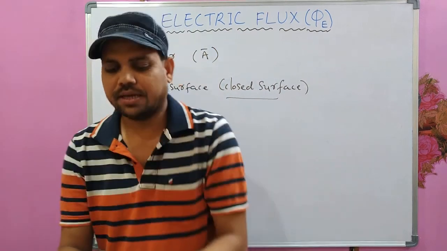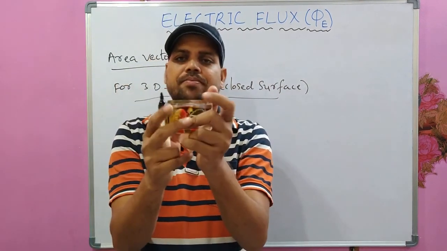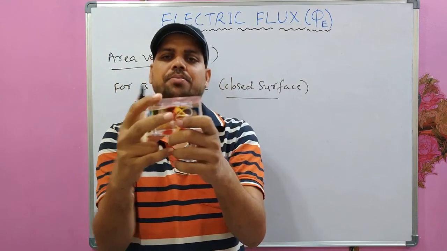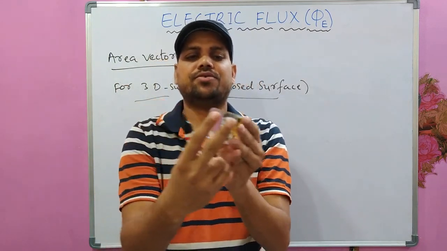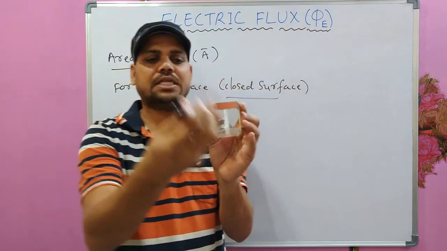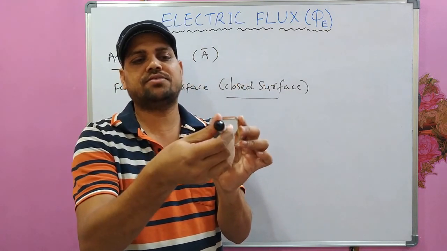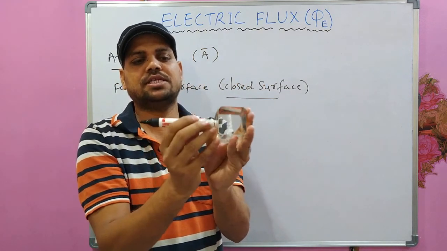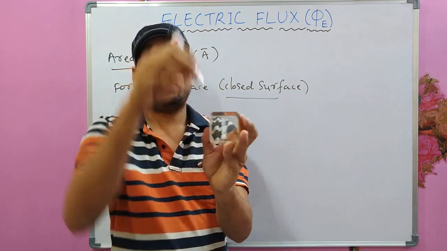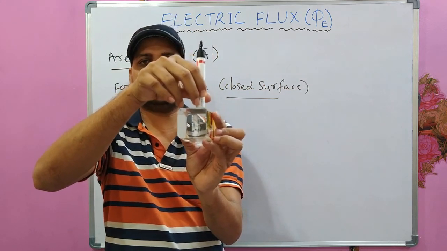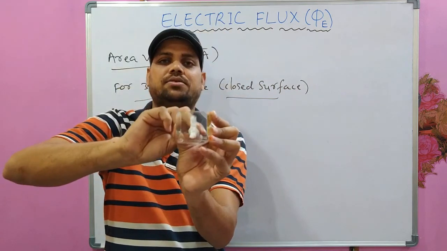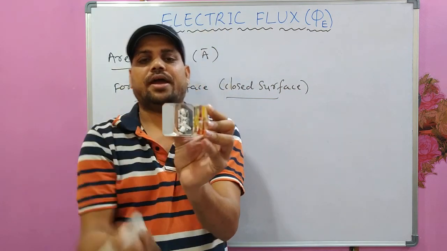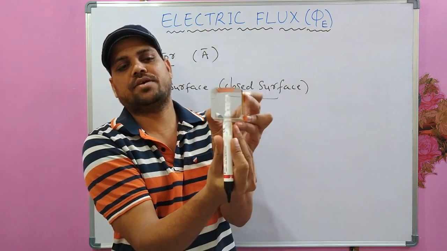See, if you consider this as a cube, may not be looking like a cube, but if you consider it as a cube, then the area vector for each face will be, for example, for this face it would be like this, for this face it would be like this, for this face it would be in this way, and for the bottom face it would be in this way.